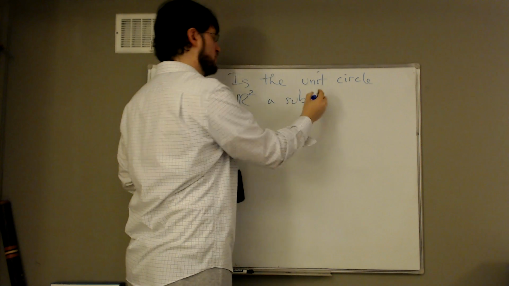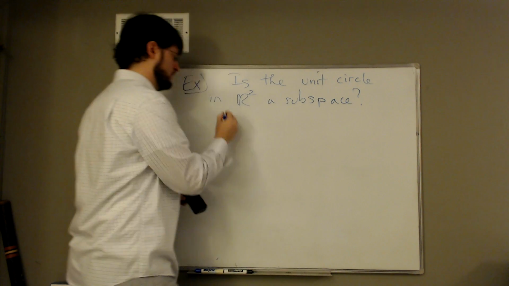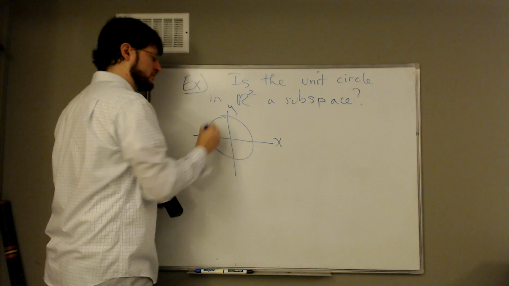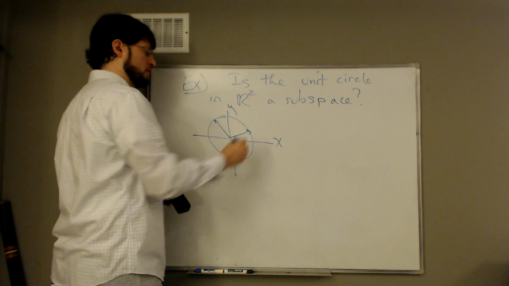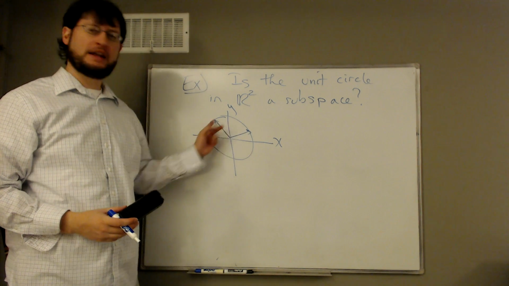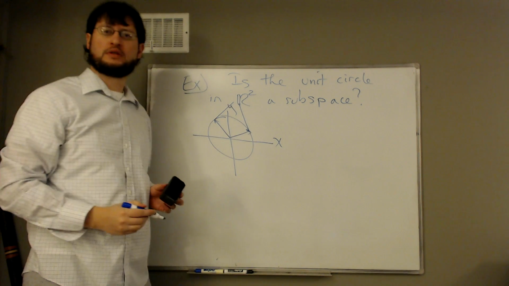So is the unit circle in R2 a subspace? So here's R2, the XY plane. The unit circle is the circle here. If I looked at all vectors which stayed on the unit circle, does this form a subspace? Well, no, because if I add up any two vectors that are on the unit circle, it goes off of the unit circle.